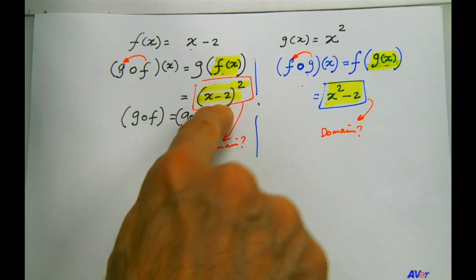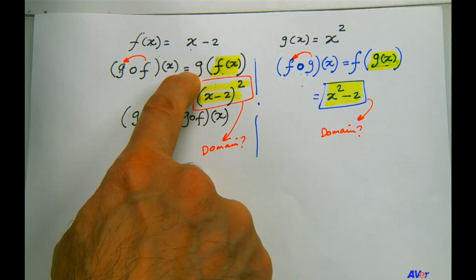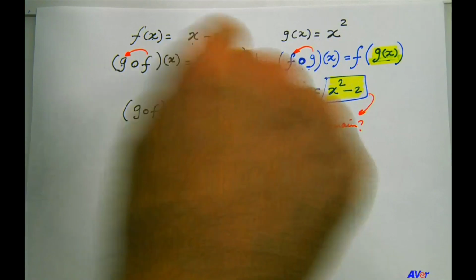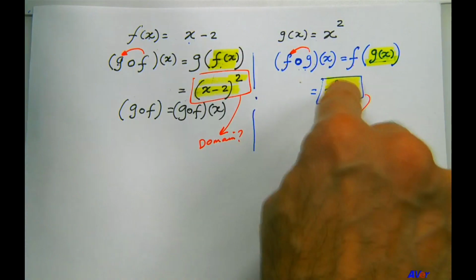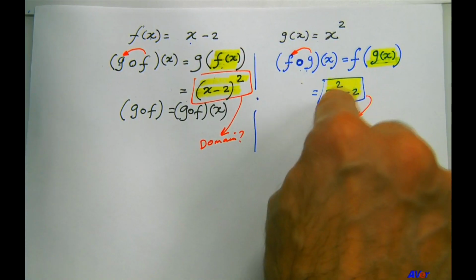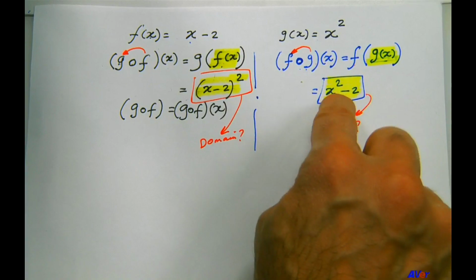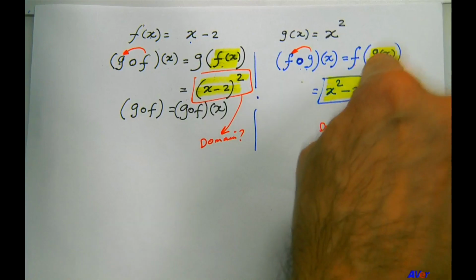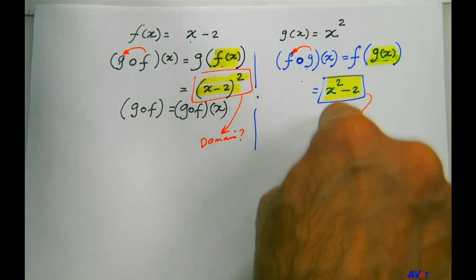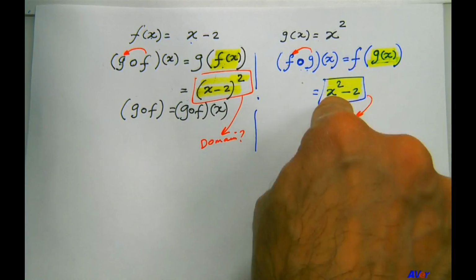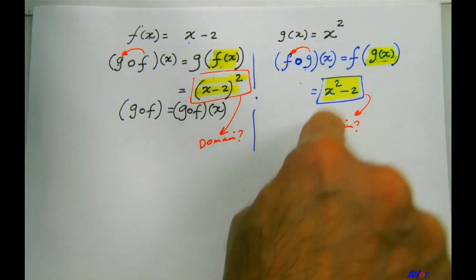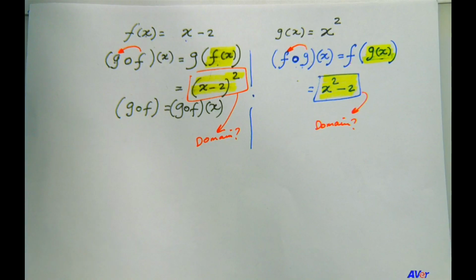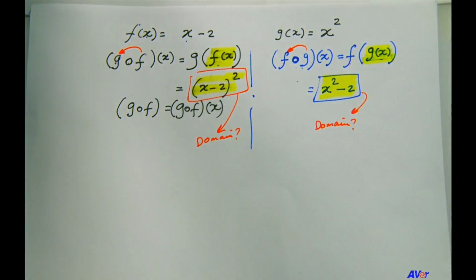So this domain does not have to agree with the domain of g, but it has to agree with the domain of f, because it was the function f that was replaced inside g. On this side, this domain should obviously agree with the domain of whatever we have here, but also with the domain of g, because it was g that was replaced in f. It does not have to agree with the domain of f here, because it was g that was replaced in f. Okay? I hope this is clear now. If not, please rewind the video. This is very, very important.